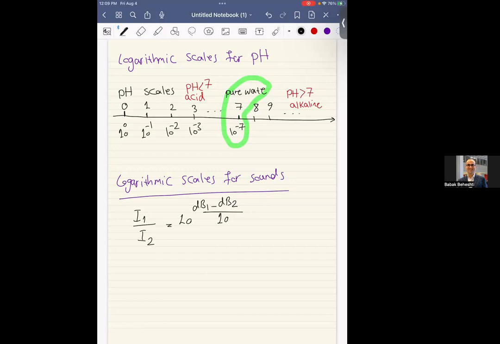Here dB means decibel. Decibel is a unit for the intensity of sound.